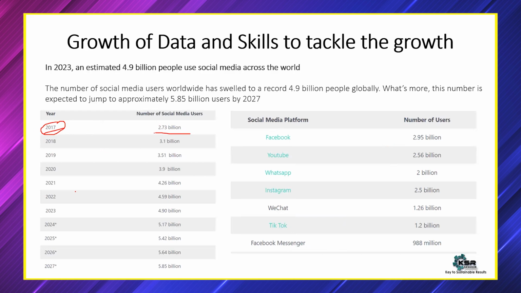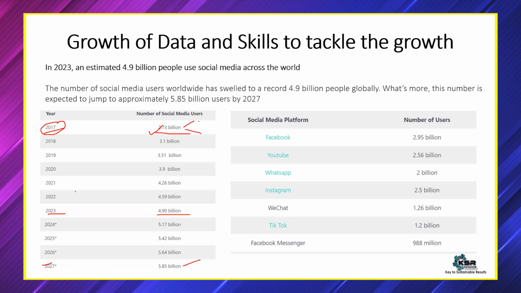In 2017 it was around 2.73 billion, and within 7 years, now in 2023, probably around 4.90 billion or 5 billion users of social media. If you estimate for the next 10 years, till 2027, it would be around 6 billion.